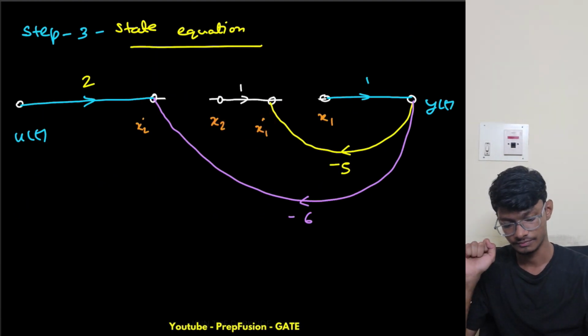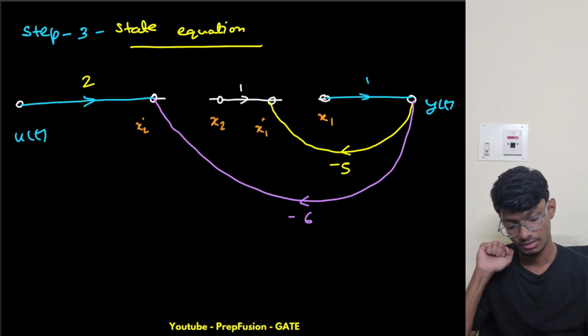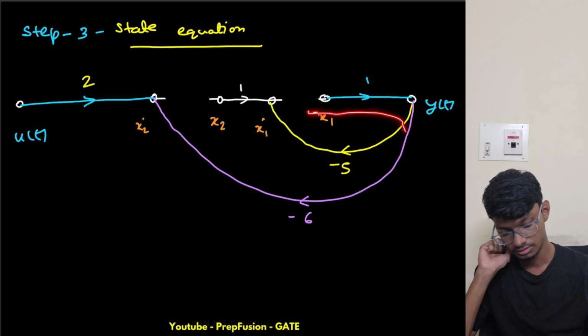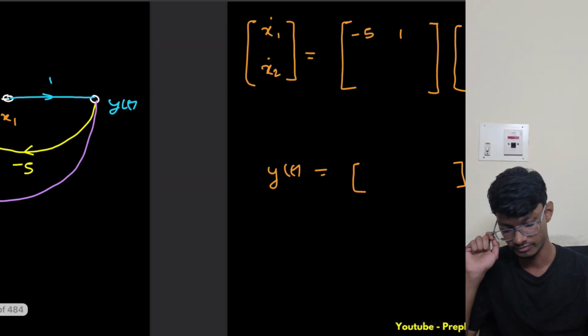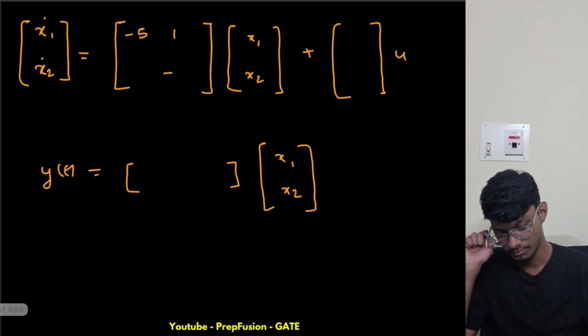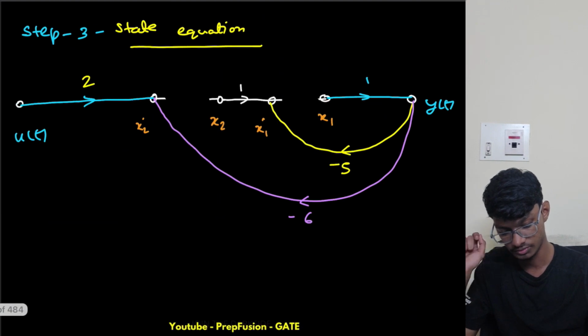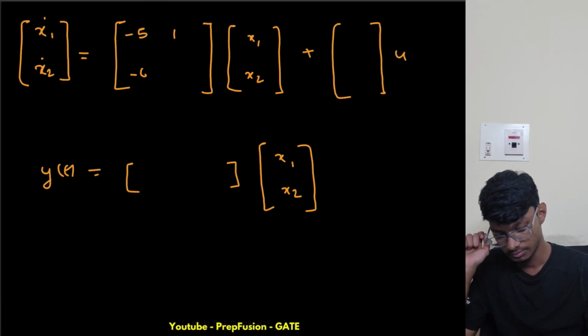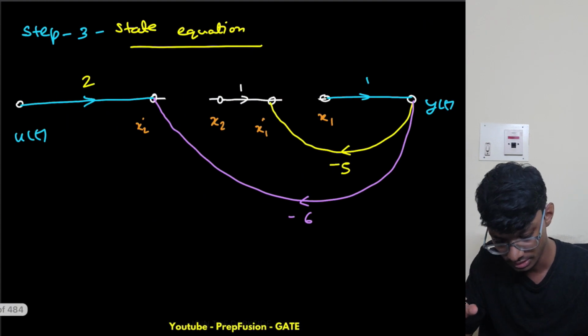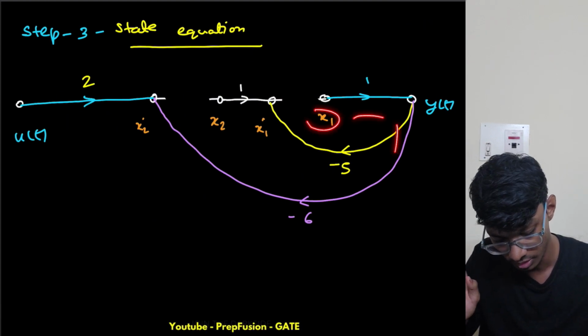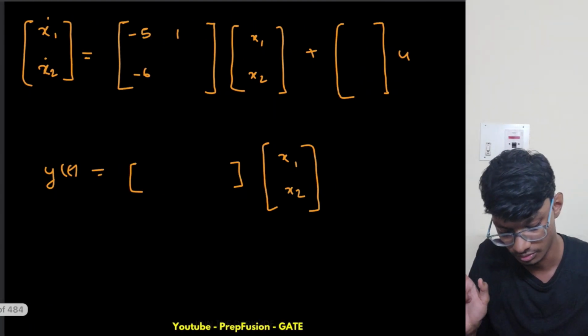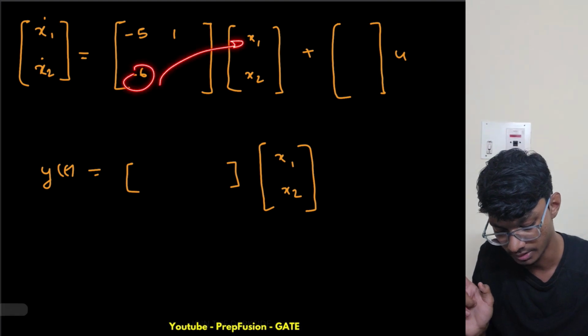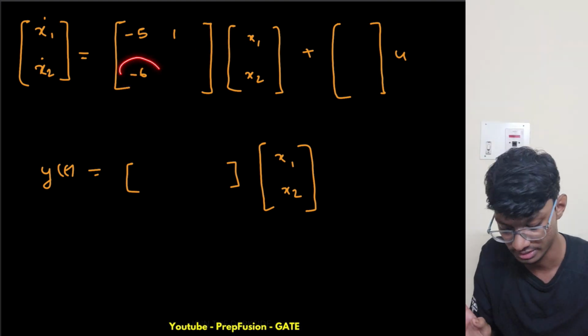That's how you directly write it. Now we have x2 dot. We are coming from x1 into 1 into -6, so we have here -6. I hope you're understanding. So x1 will be multiplied with this element, so -6 will come here.